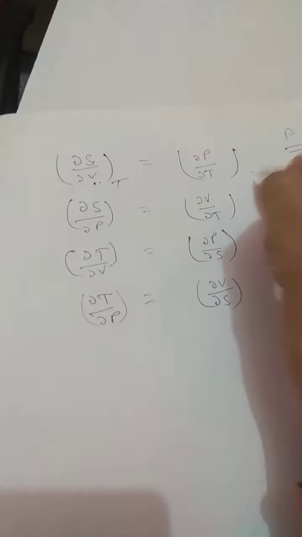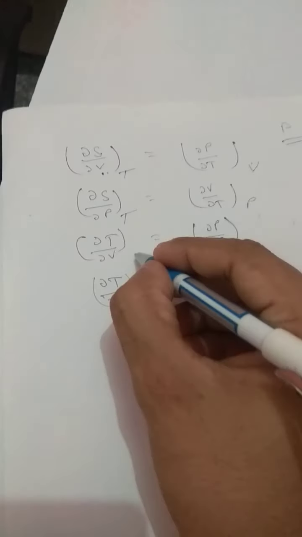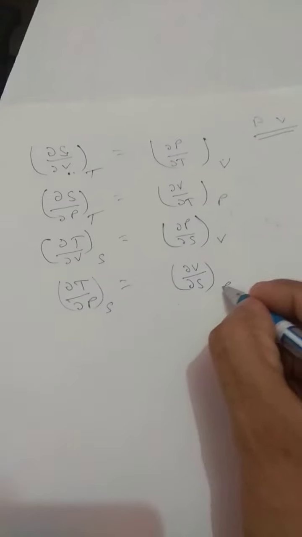So here is T, here is V, here is T, here is P, here is S, here is V, here is S, here is P.